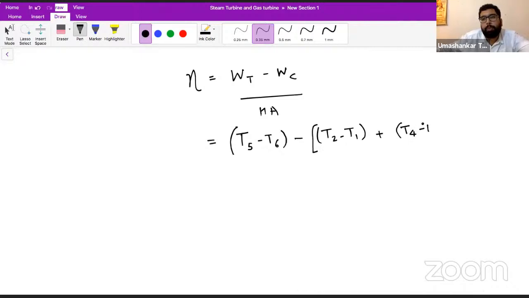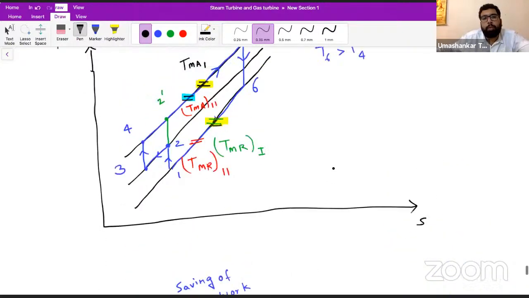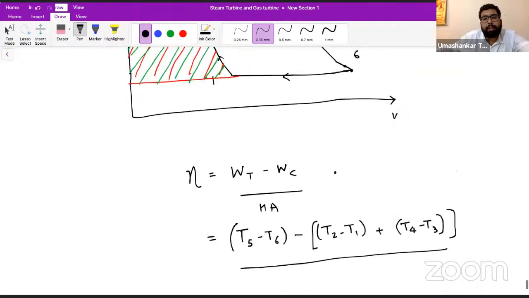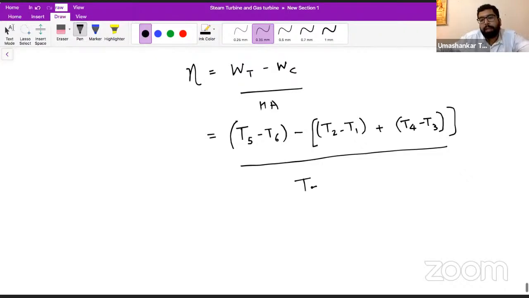Your heat addition is going to be T5 minus T4. So this is the formula for efficiency if only the intercooler is applied.